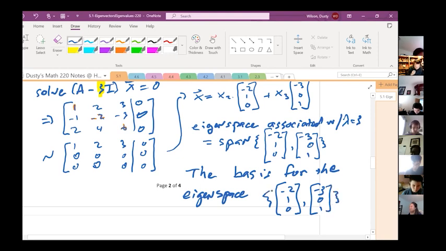All right, so here's my basis right here. Just trying to make sure that you're tracking. What's the difference between the basis and the space itself?